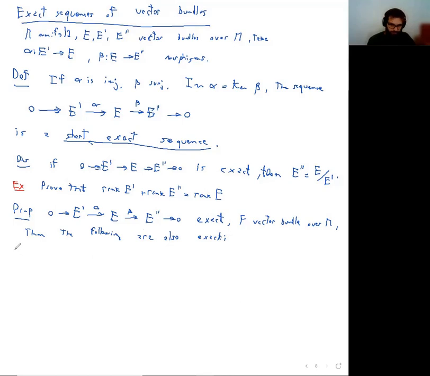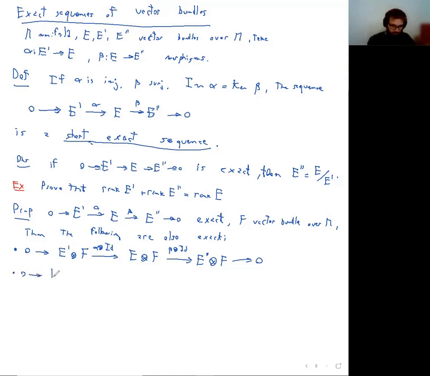And we have quite a few. So you can tensor the whole sequence with F. We defined some time ago the notion of tensor product of vector bundles. And of course, I have to tell you what the maps are. Well, you take the map alpha tensor identity, and here you take beta tensor identity. So we also know what the tensor product of two maps is between the tensor products of the respective spaces.